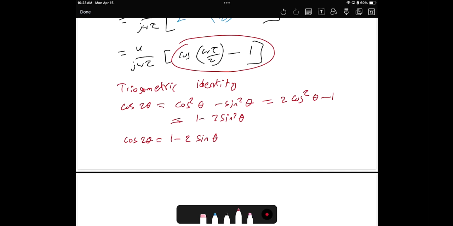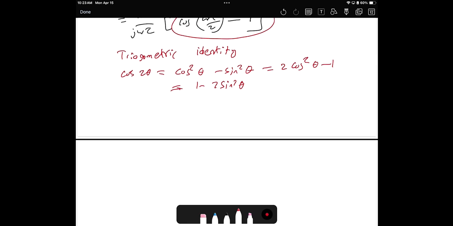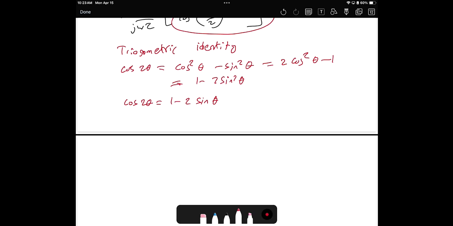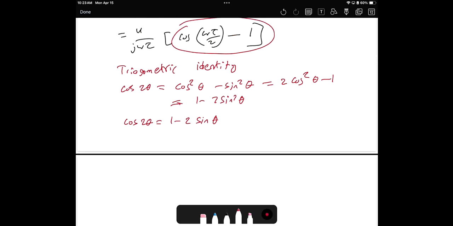Then I would say how to make 1 minus cosine. The first thing is minus 2 sine squared. Correct. I'm going to substitute 2θ equals x, then θ will be x over 2.